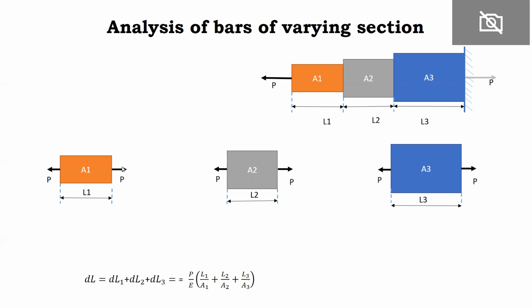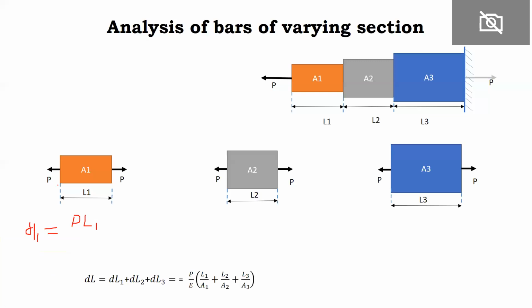So I will take just an overview. Say this is the force acting on a member. Its length is L1 and A1 is the cross-sectional area. So you can compute the deformation. Delta L, the change in length in member 1, is equal to, as we know, PL by AE.